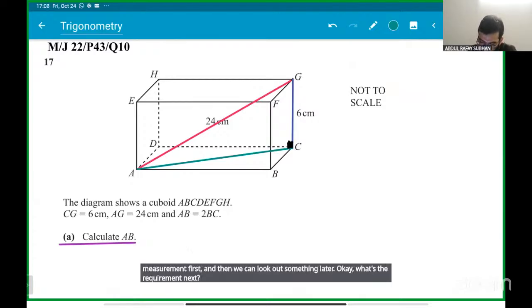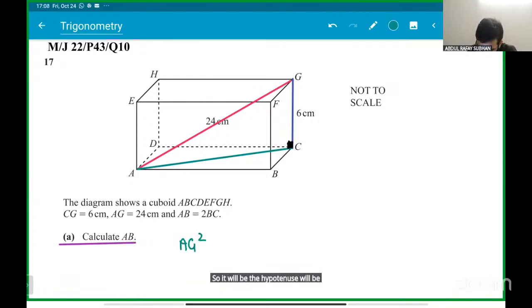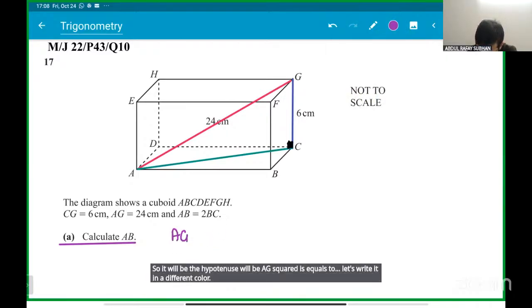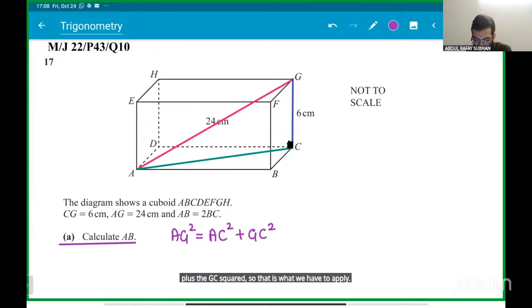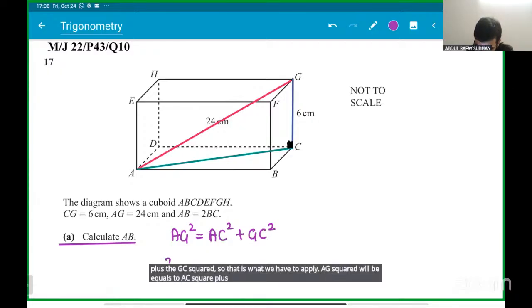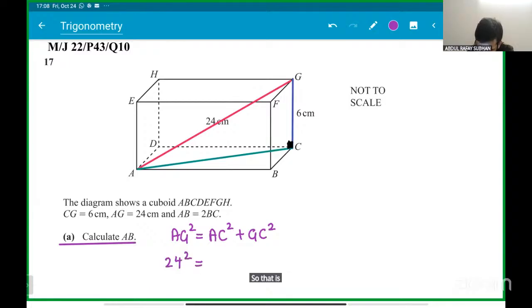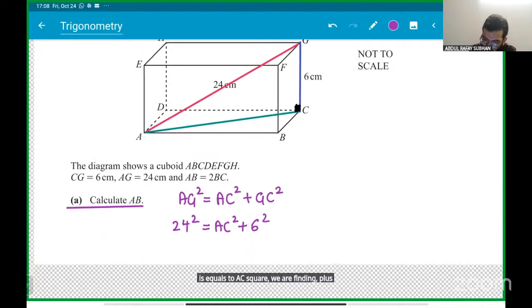So the hypotenuse will be AG. AG square is equal to AC square plus GC square. So that is what we have to apply. That is 24 square is equal to AC square, which we are finding, plus GC square, 6 square.